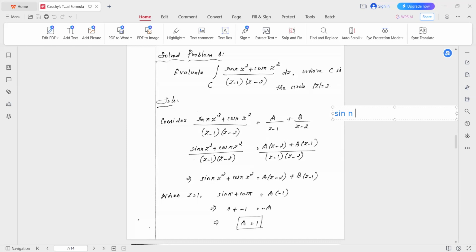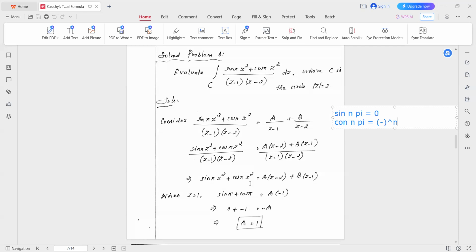Okay, so sin nπ is equal to 0, and cos nπ is equal to (−1)ⁿ.